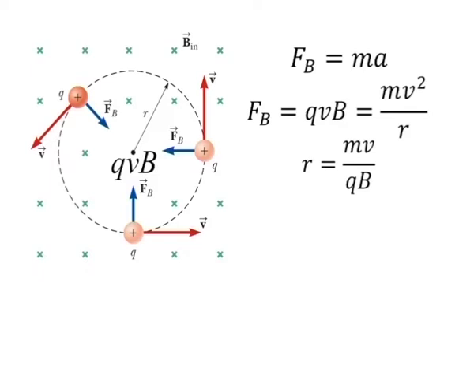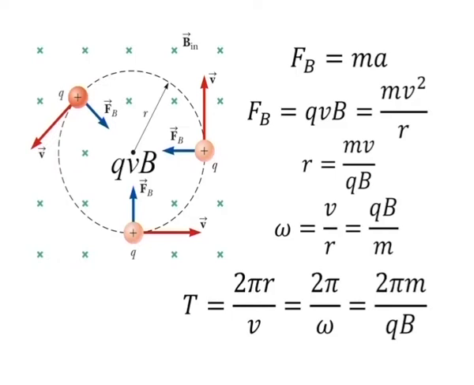The angular speed of the particle is then ω = v/r = qB/m. The period of the motion is equal to the circumference of the circle divided by the speed of the particle, that is T = 2πr/v = 2π/ω = 2πm/(qB).